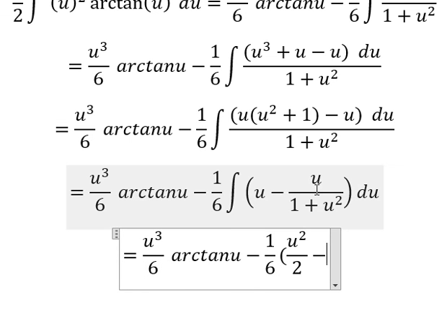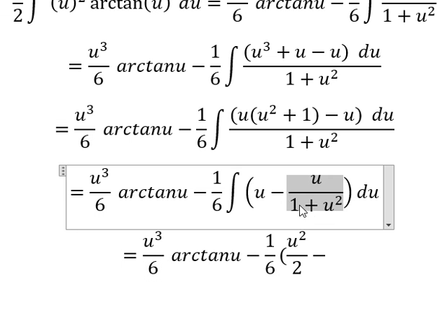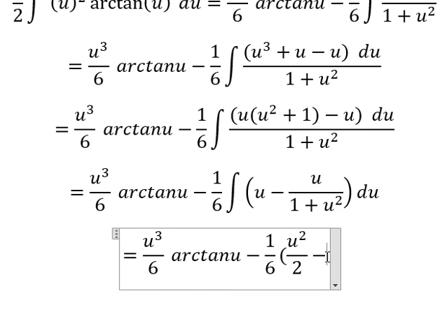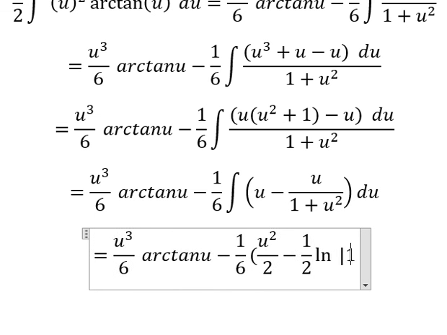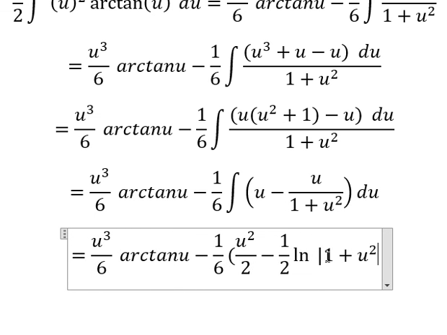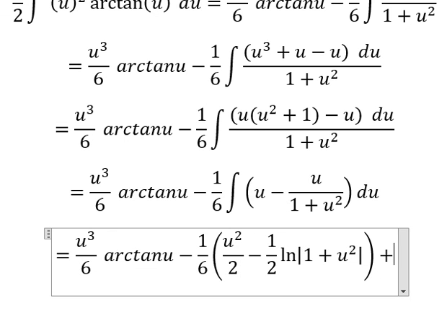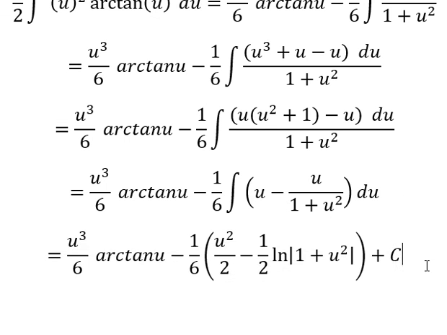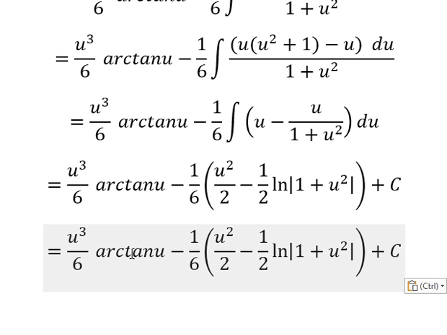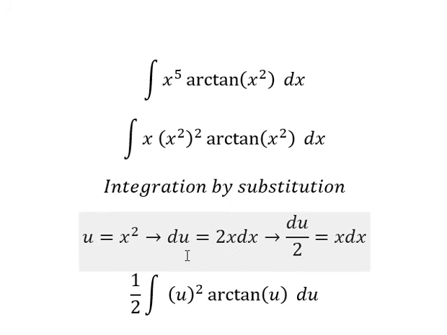The integration of u over 1 plus u squared is 1 over 2 ln of the absolute value of 1 plus u squared in here. And then I will put c. So u is this one.